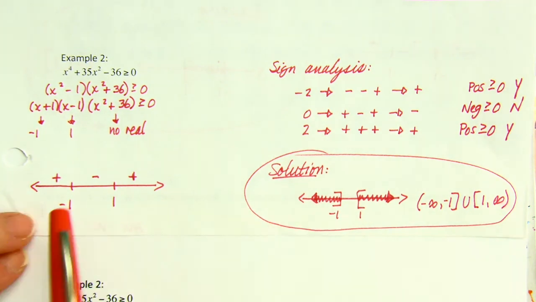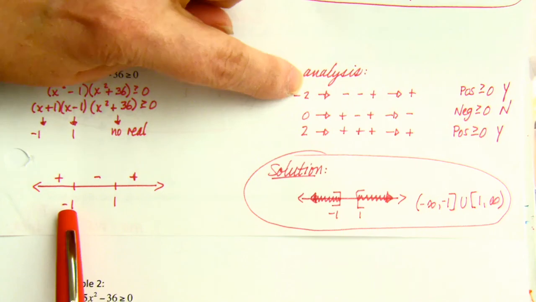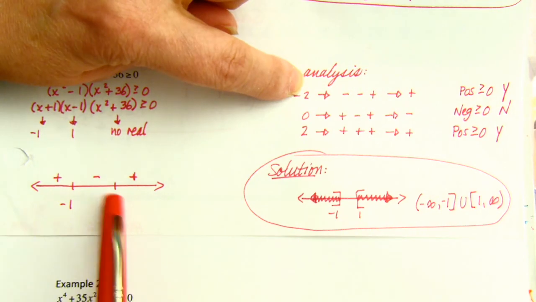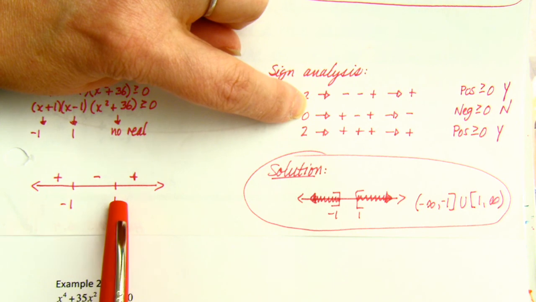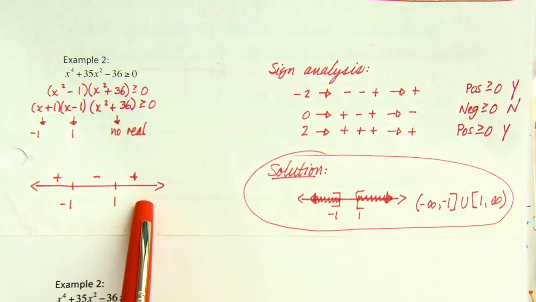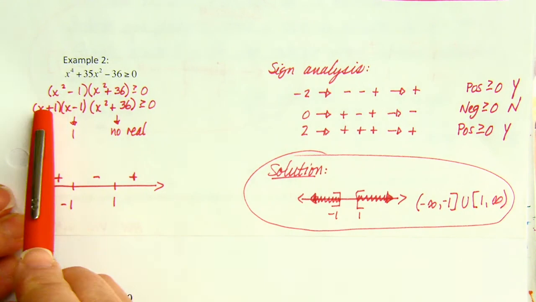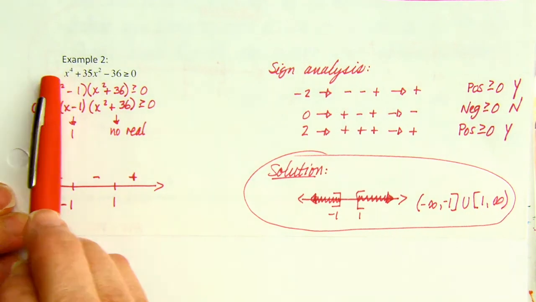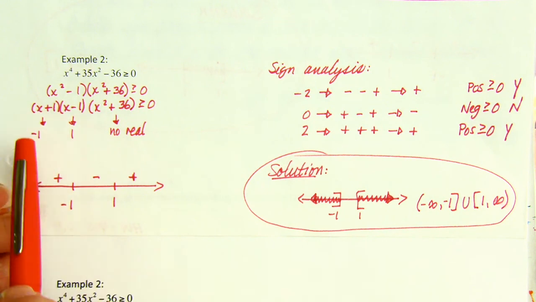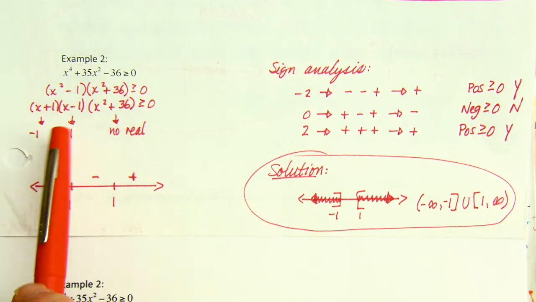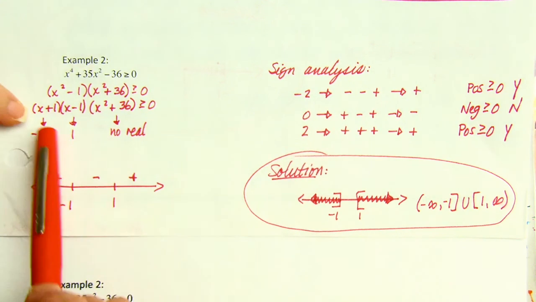So to the left of -1 would be -2. In between -1 and +1 is 0. And to the right of +1, I chose a 2. And we just go right up in here. It actually technically should be in the original, but I'm in this factored form here. So if I put a -2 in here, that's negative.